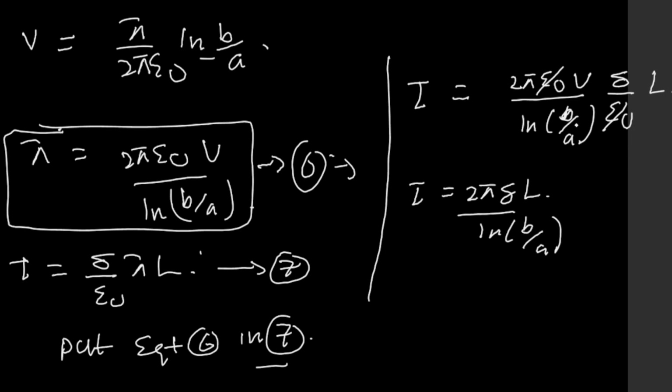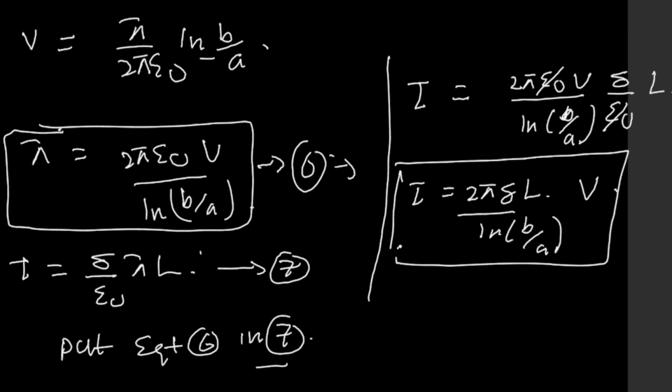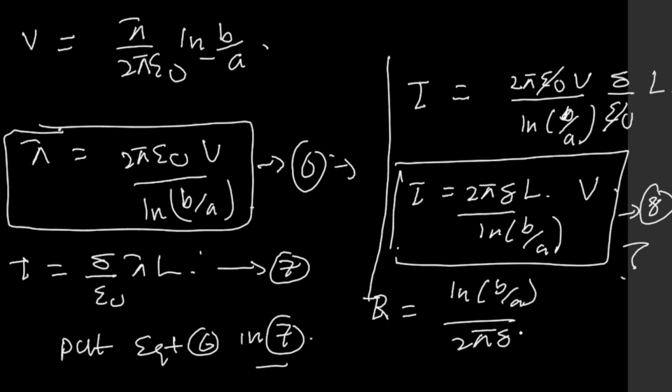So the current flowing from one cylinder to the other is given by this equation, which is equation 8. This was the solution, and from here we can also see that the resistance of the material is ln of b divided by a, divided by 2 pi sigma L.